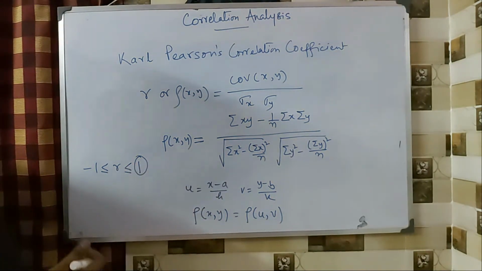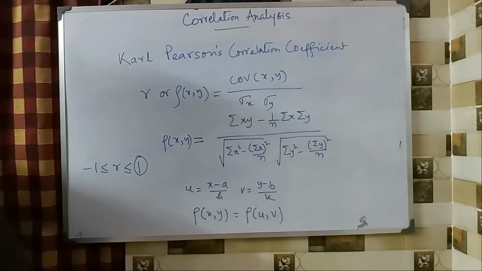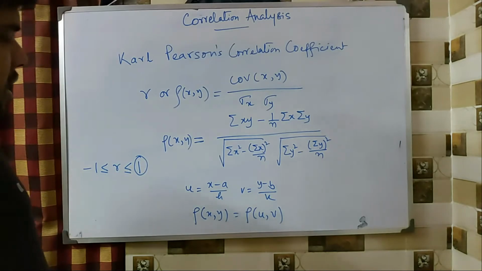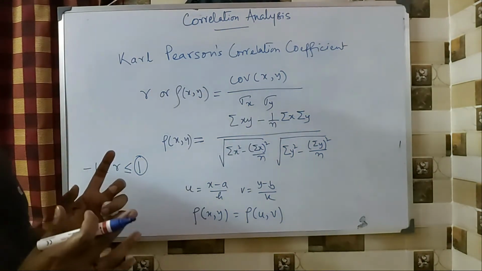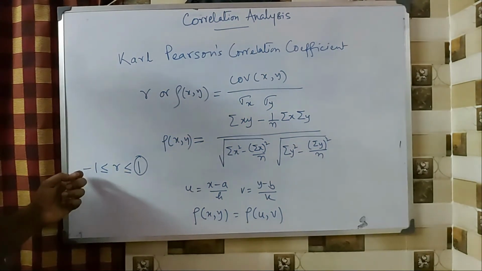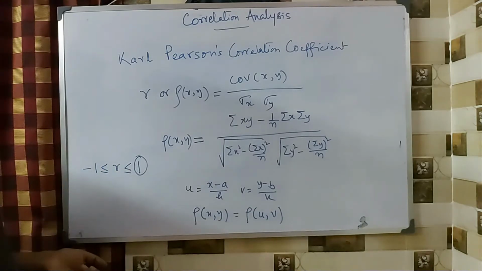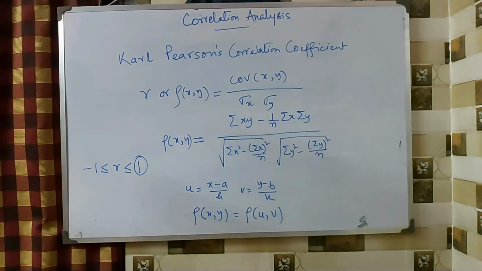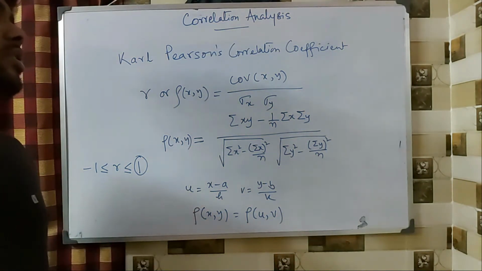Any value in between, if positive, we say moderately correlated, fairly correlated, weakly correlated. We use different adjectives for it. If the value of r is positive but near 0, we say weakly positively correlated. If it is negative and near 0, weakly negatively correlated. So we use all these fancy words. That is the theory part for the chapter.